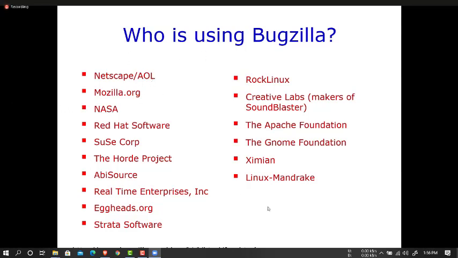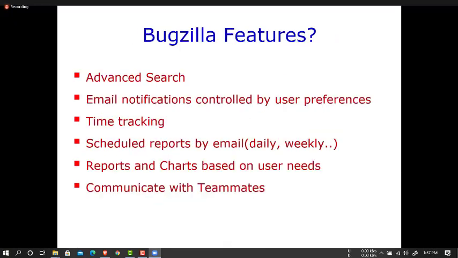I don't know what Microsoft is doing; it's not mentioned here. Maybe they have their own bug tracking system. These may not be very convincing for you at this moment, but when you demonstrate the tool, you will get a much clearer picture.